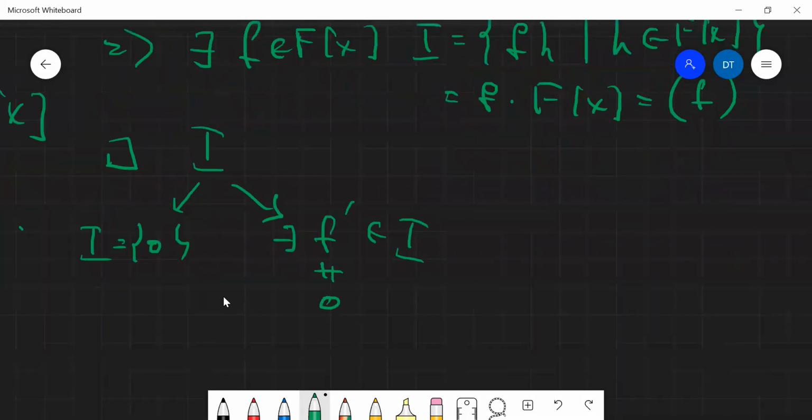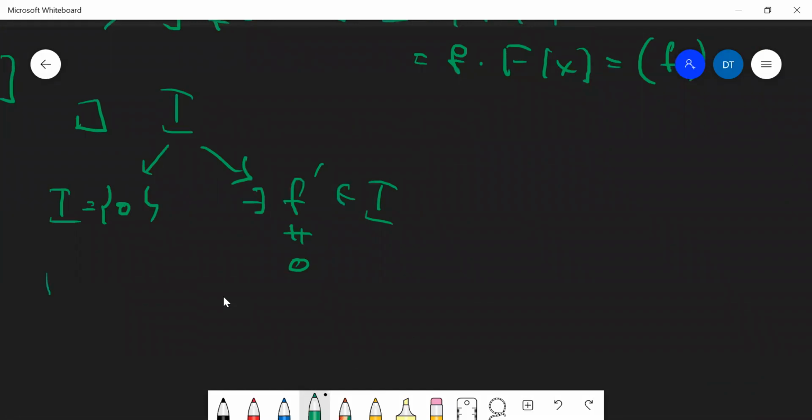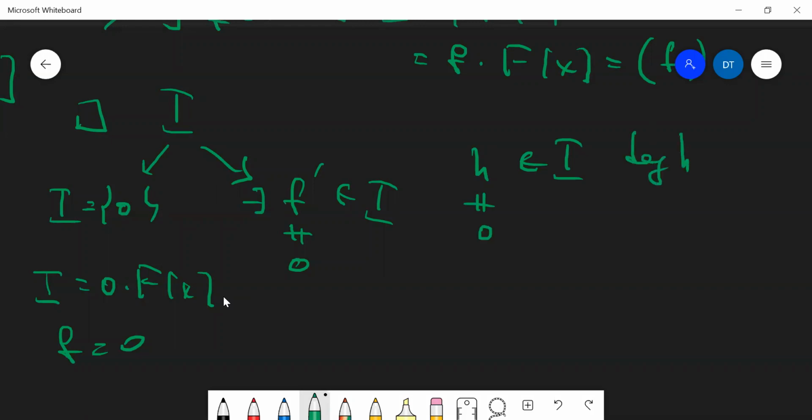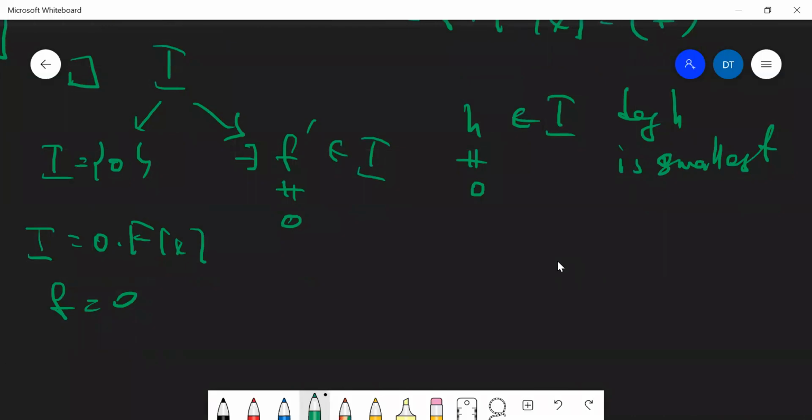In the first case, we take I to be 0 times F[x], so here f is 0. So it's clear. In the second case, we define h to be a non-zero polynomial of I, and the degree of h is the smallest possible. So we take a polynomial of I with the smallest possible degree. And then we just need to show that every other polynomial is divisible by h.